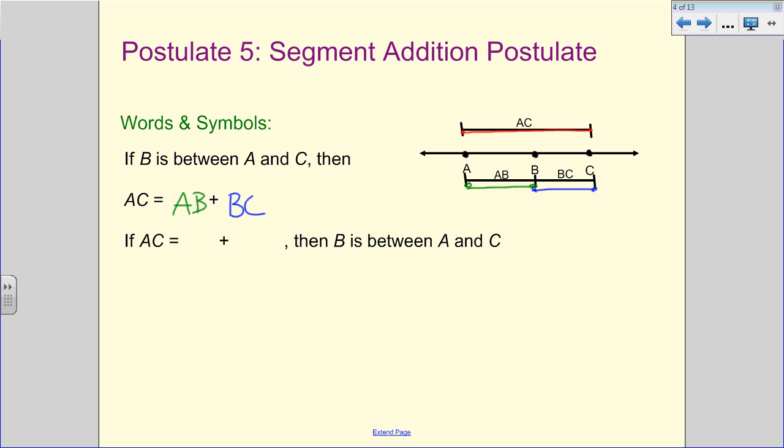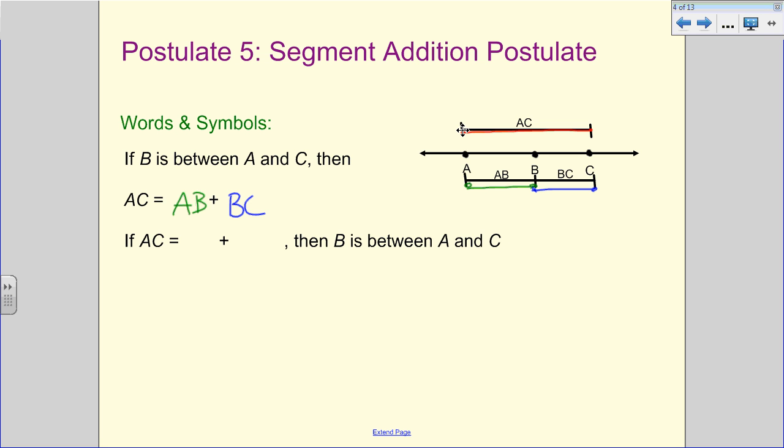We can take those 2 smaller segments and put them together to make the larger segment AC. So if I know B is between A and C, then AC is AB plus BC. I start with knowing B, and then I can do segment addition.